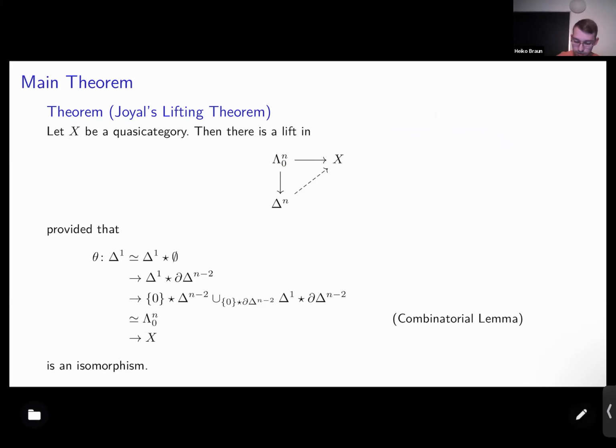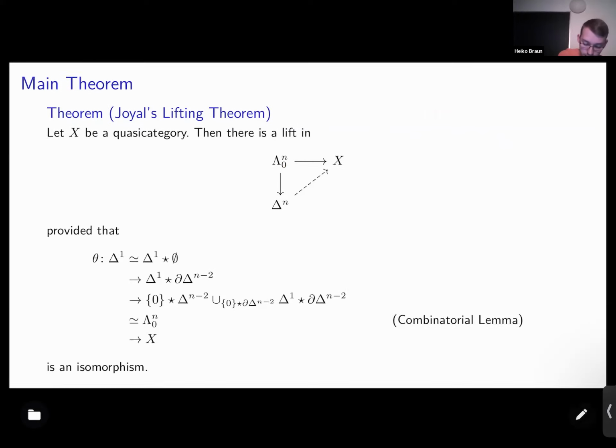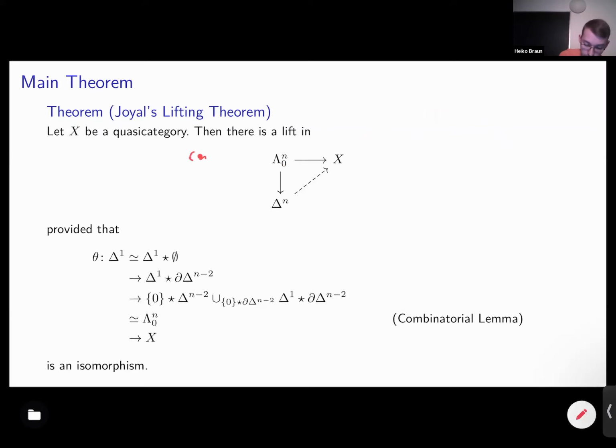And then you need the condition that not the 0, 1 edge is an isomorphism, but the n minus 1, n edge must be an isomorphism if this is n, and then the same idea works out. So I only state the theorem in this way. The dual way is similar, and the proof is of course essentially the same. You can just apply the opposite to everything.